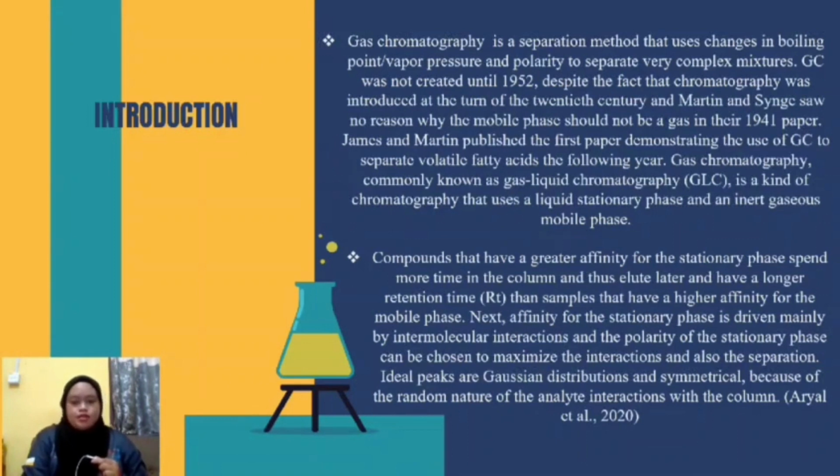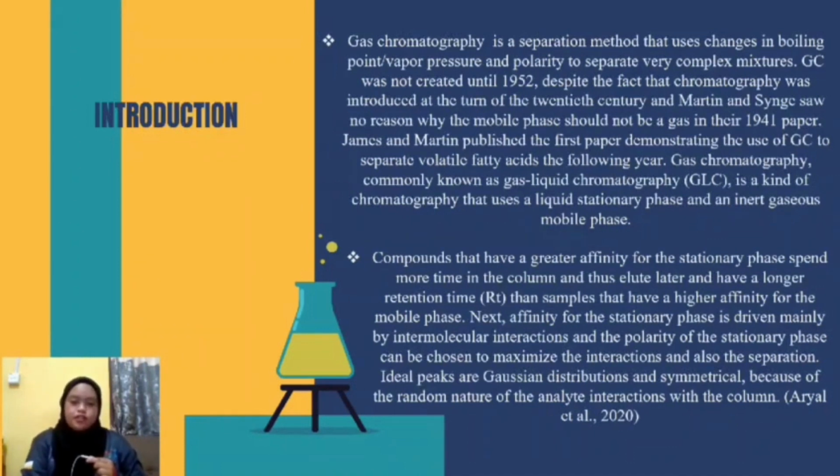Gas chromatography, which is commonly known as gas-liquid chromatography (GLC), is a kind of chromatography that uses a liquid stationary phase and an inert gaseous mobile phase. Compounds that have a greater affinity for the stationary phase spend more time in the column and thus elute later and have a longer retention time (RT) than samples that have a higher affinity for the mobile phase.